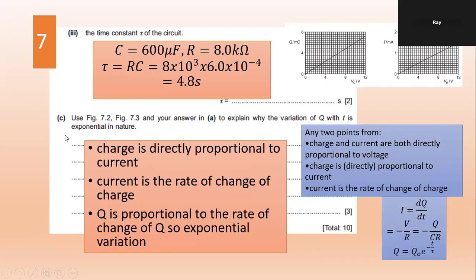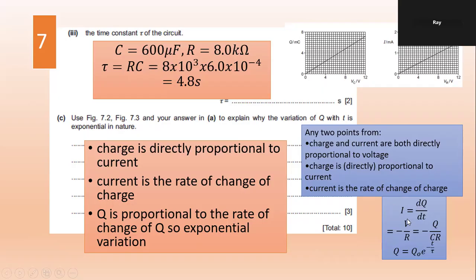How to remember? Basically, the derivation is I equals dQ/dt. That's why charge is proportional to current. From here, charge is proportional to current, and current is the rate of change of charge. That's the definition. Especially you got that.